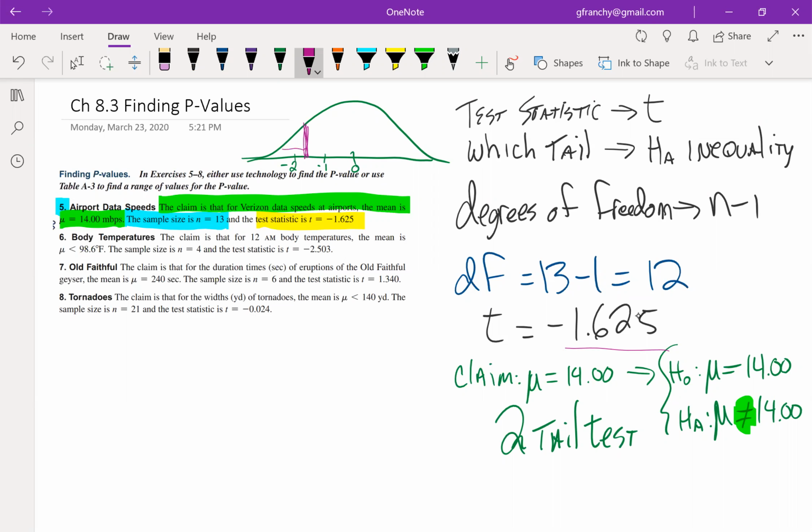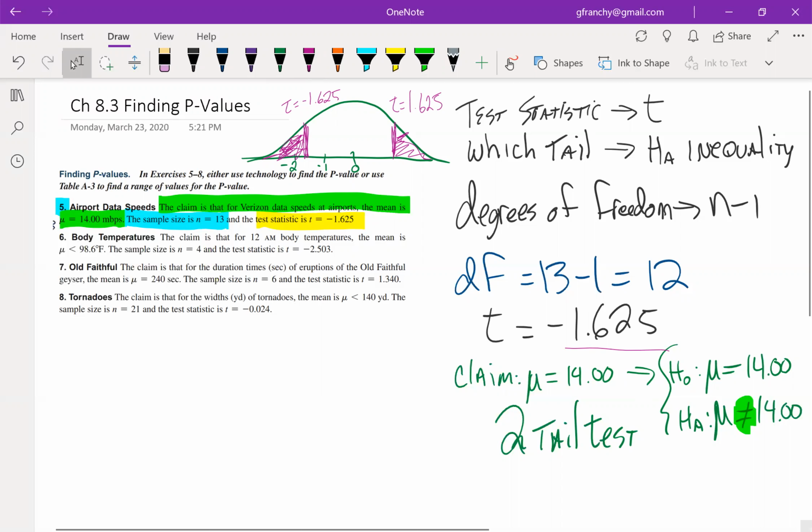And since it's a two-tail test, not only do we want the area to the left of t equals negative 1.625, we're going to want to double that because we're also going to want the area to the right of t equals positive 1.625. So when we say two tails, we want more than just that one tail that's getting cut off there.